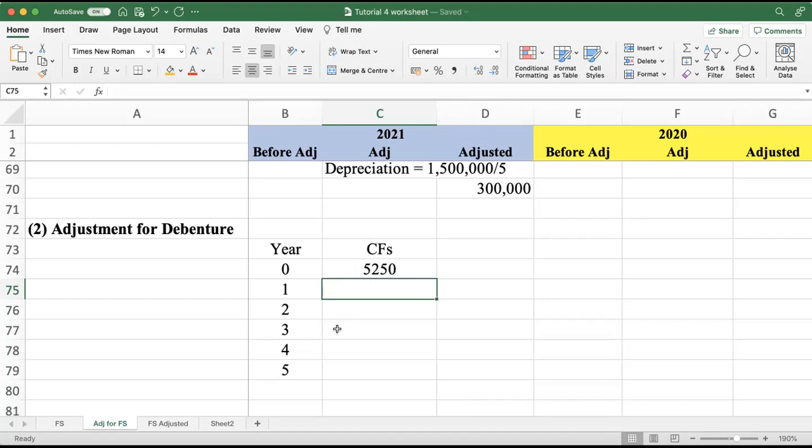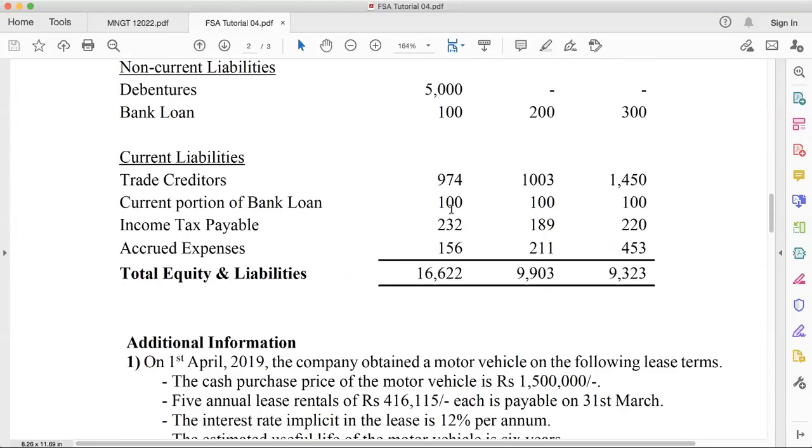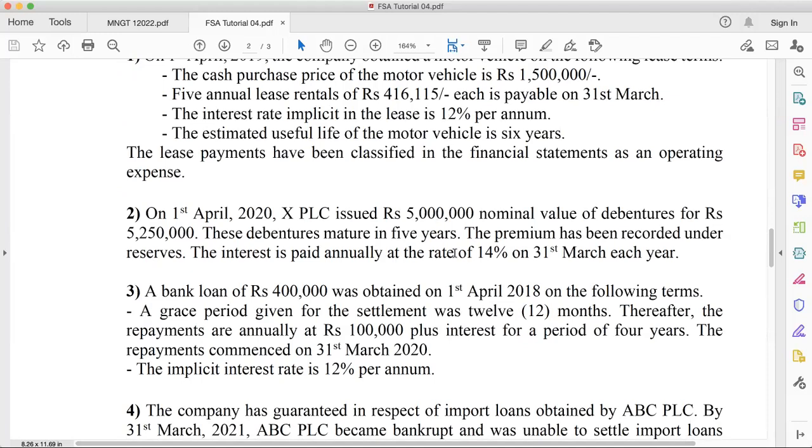Then over the debenture period, company has to pay interest. At the maturity, company has to repay the nominal value. You see the interest rate, 14%. Interests are paid annually at the end of the year. Nominal value of debentures, 5 million.